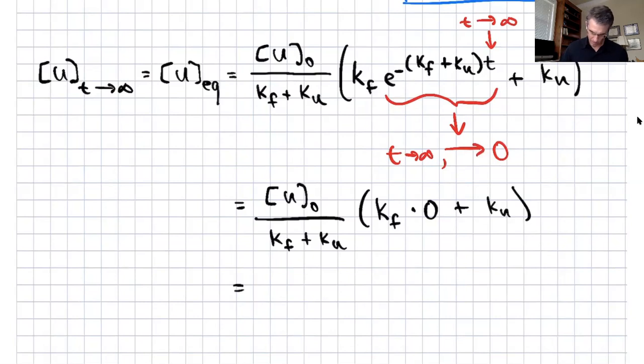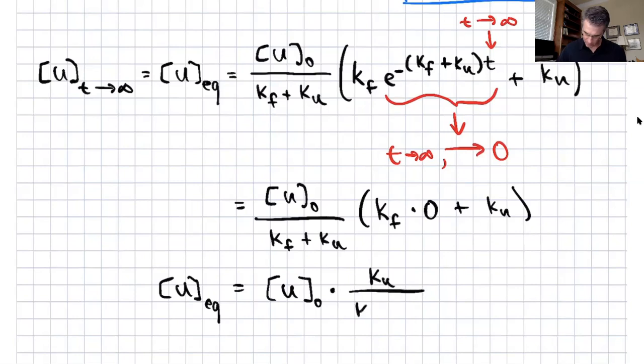Or, the concentration of U at equilibrium would simply be equal to the concentration of U at time 0 times Ku over Kf plus Ku.